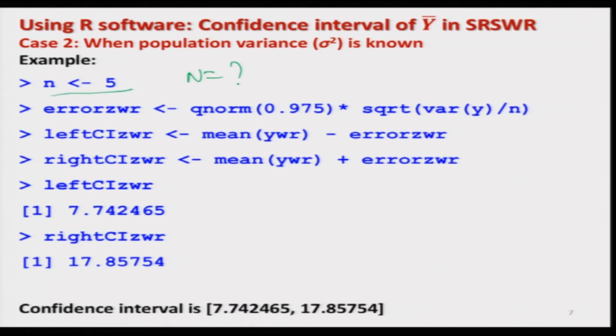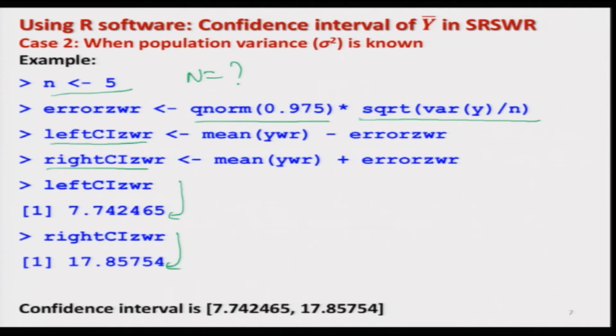So, you can see here I am writing qnorm, which is the z value, and the standard error of y bar, and then I compute the left and right limits of the confidence interval using the same command, and you can see here this is my outcome for the given data set.